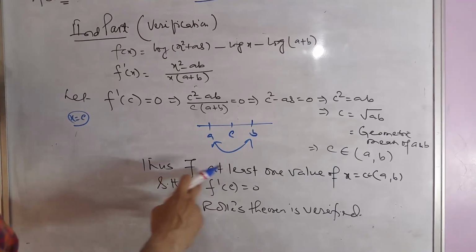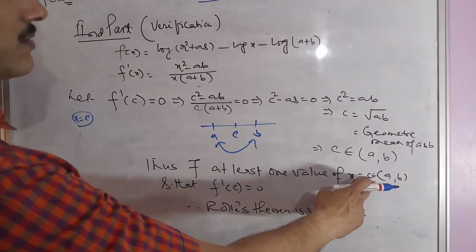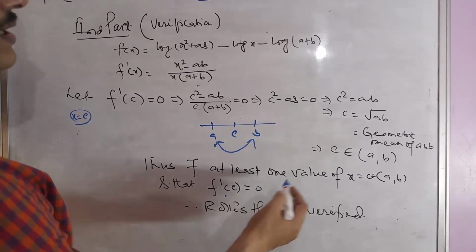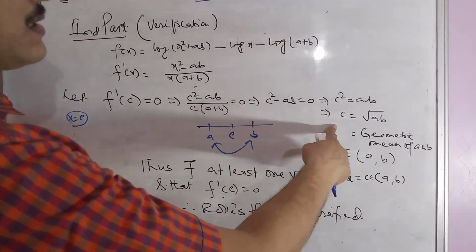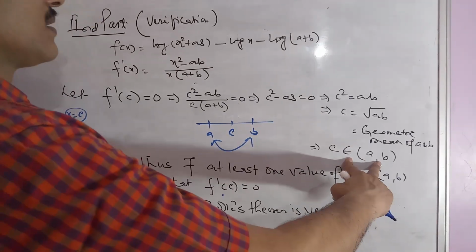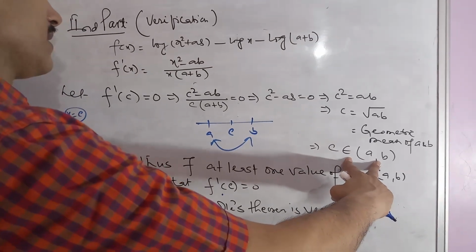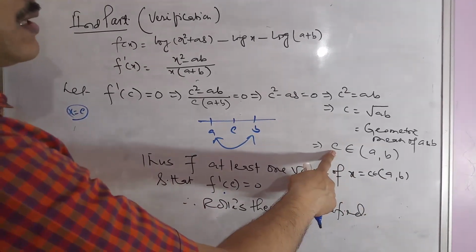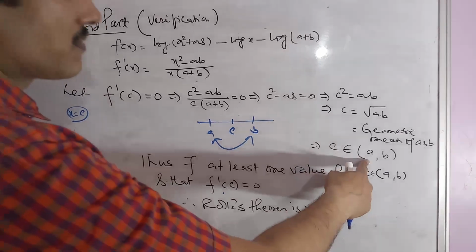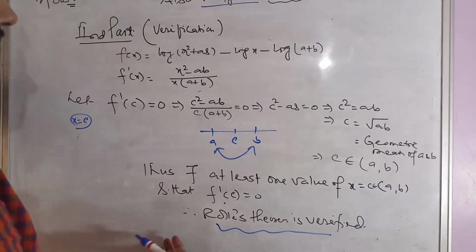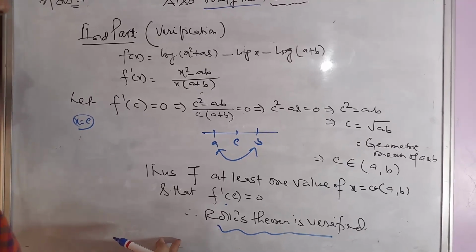Thus there exists at least one value of x equal to c belonging to (a, b) such that f dash c equal to 0. Here, if c does not belong to the open interval (a, b), then we say that Rolle's theorem is not verified, but here c belongs to (a, b), so Rolle's theorem is verified for the given function in the given interval.